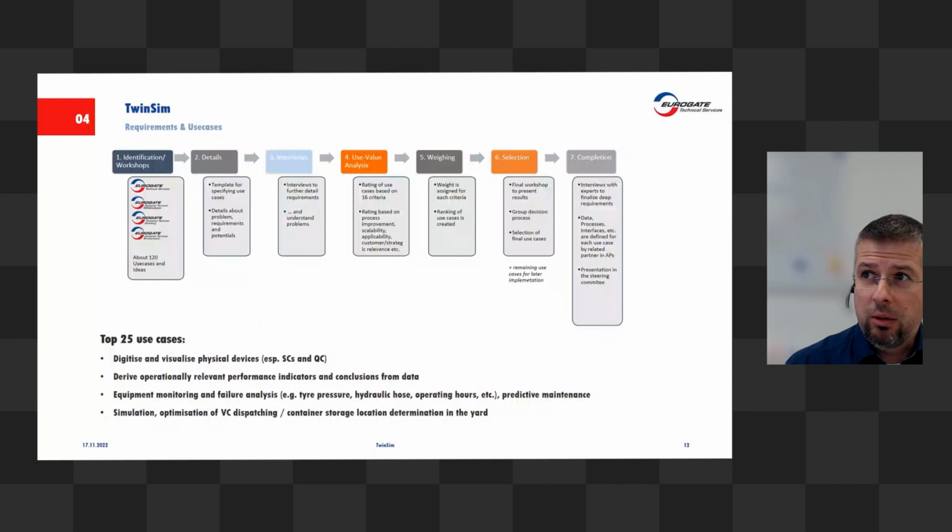We got more than 120 ideas just for what could be done with a digital twin, and where the benefits will be. Afterwards, we spent time in small groups and discussed these ideas in detail and brought all these ideas to the same format. And after a process of criteria setting and weighting of these criteria, all these use cases were rated by the stakeholders themselves.